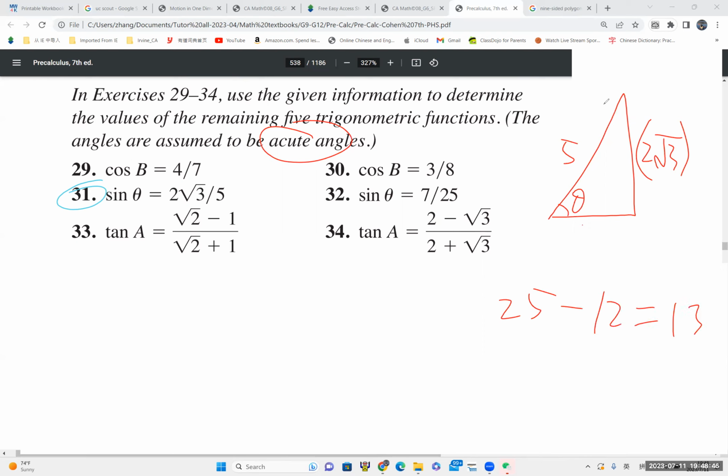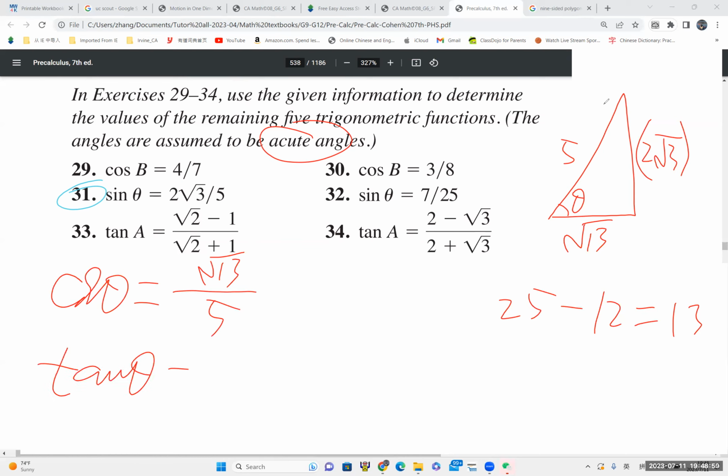So take square root. Then we can easily get cosine theta equal to, tangent theta equal to... I won't write the other three. Let me stop here.